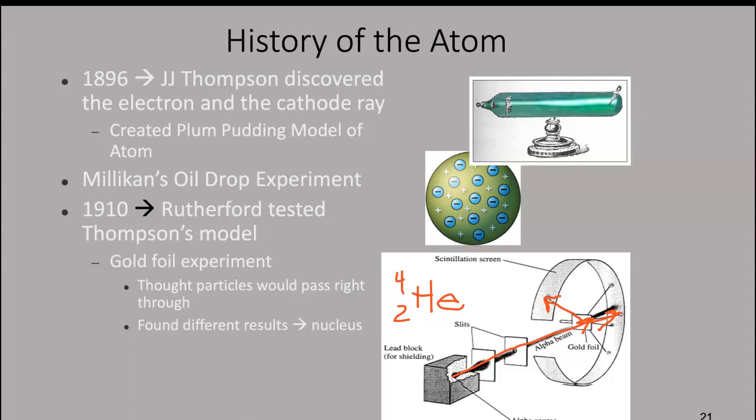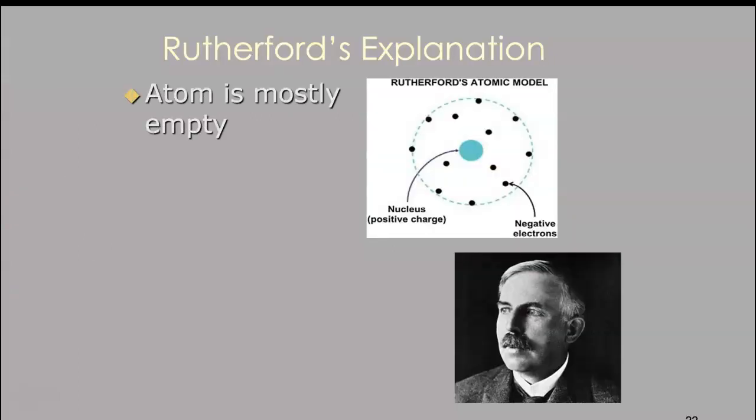It must be hitting something that's positive because my helium nucleus is clearly repelling from this item. And he is now credited with having discovered the small, positively charged, dense nucleus of the atom with his gold foil experiment.